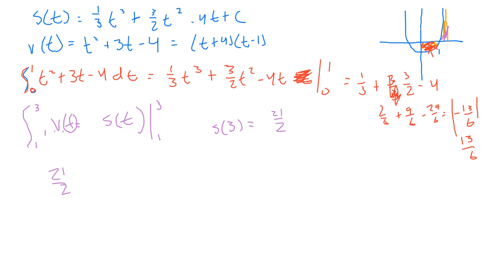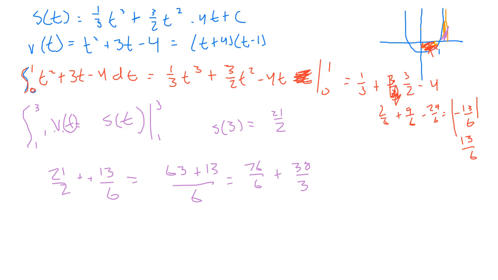So we're going to have minus negative 13 over 6, then we add together. If we do a common denominator of 6, we're going to get 63 plus 13 all over 6, which is 76 over 6, 38 over 3.